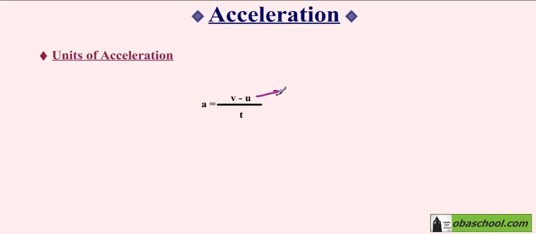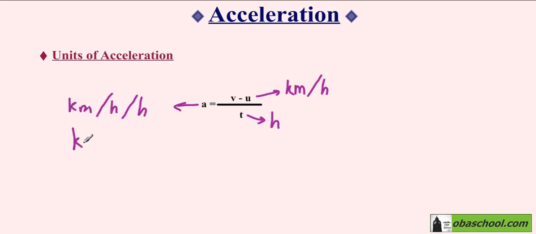Now, if the unit of velocity is kilometer per hour, and the unit of time is hour, then the unit of acceleration is kilometer per hour per hour, or kilometer per hour squared, or as we mentioned earlier, it can be written as kilometer hour to the power minus 2.